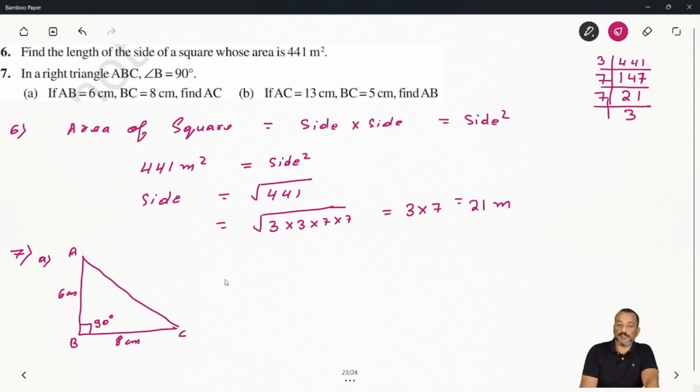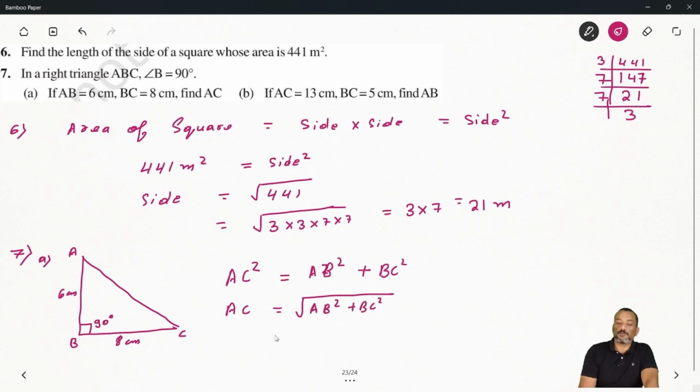You know the Pythagoras theorem: hypotenuse square is equal to perpendicular square plus base square. We have to find the hypotenuse, so the square goes to the other side and we get the square root of AB square plus BC square.